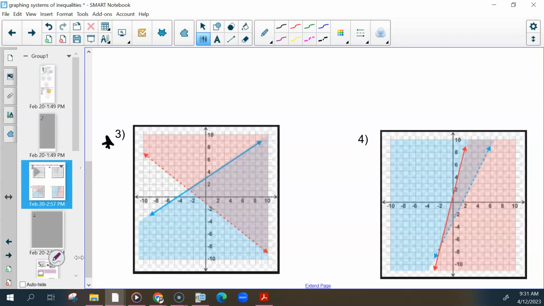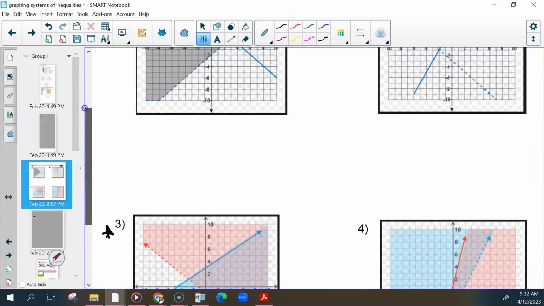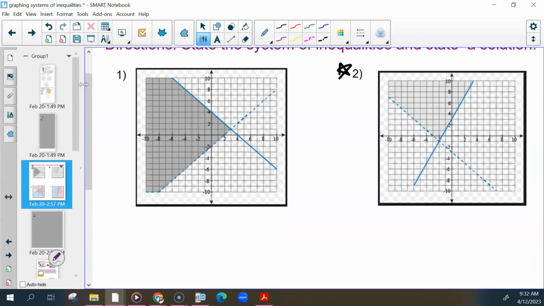We're going to do number 2. If you need me to go back to 3 and 4, I'll do that in a moment. So we have to state the system of inequalities, so this is just like the writing, but twice, and state a solution. Order doesn't matter.